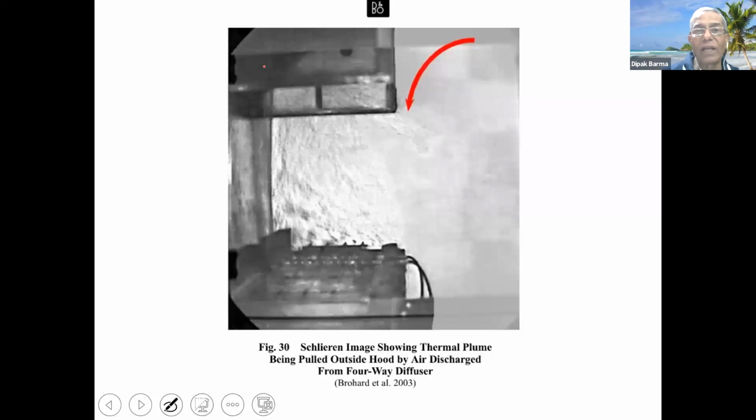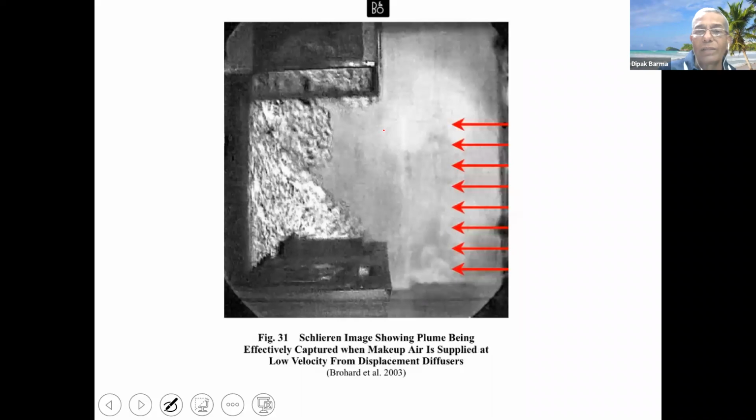This is one area where you have the airflow from outside separately and you throw it in, but this is with air discharge from a four-way diffuser. If you have a diffuser, it allows the smoke again to come out. This is ideal as far as the containment or capture of the smoke is concerned, but it also has an impact on the burner which is here.